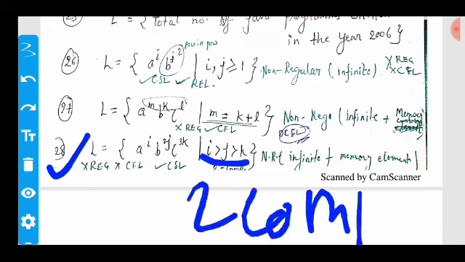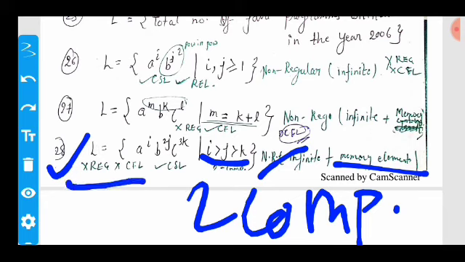So we say that it is not accepted by regular, and here the need for a memory element greater than 1 means it is not CFL, but it is accepted by CSL language, meaning it is easily defined by the linear bounded automaton.